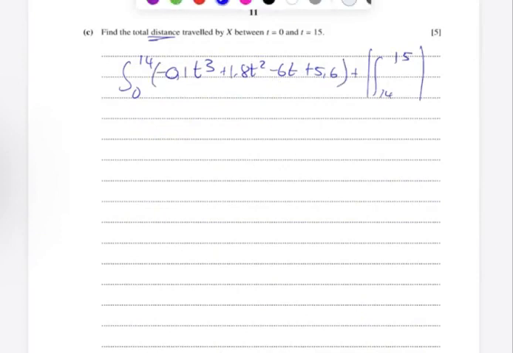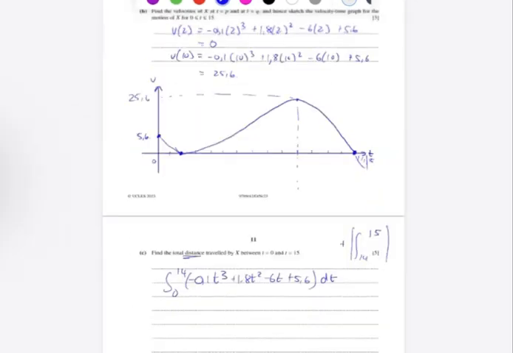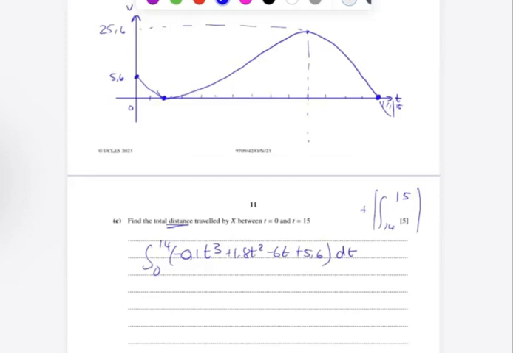Okay, so I'm just getting my equation. I'm just going to do one part at a time. I'm not going to do the other one for now. The important part when you're looking at integrating is you've got to know where it cuts the x-axis, and that's why they made us draw this drawing.